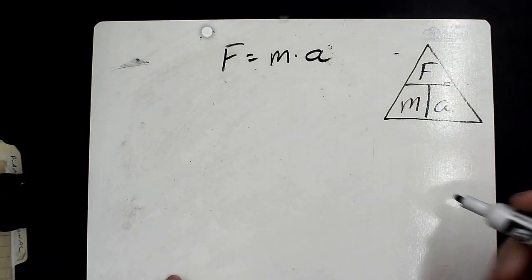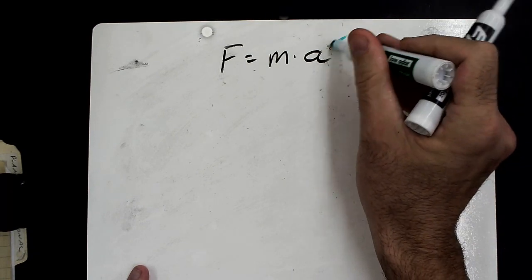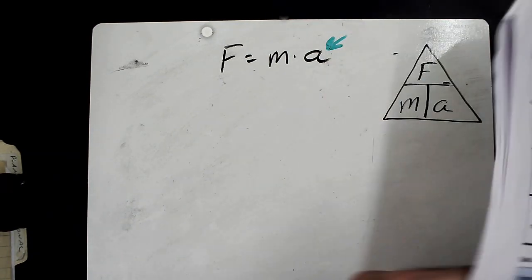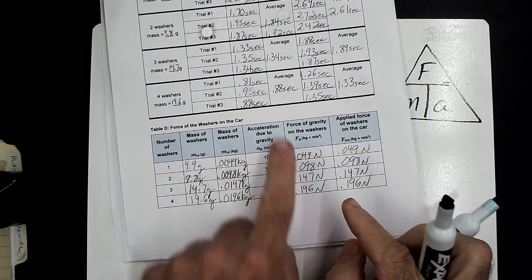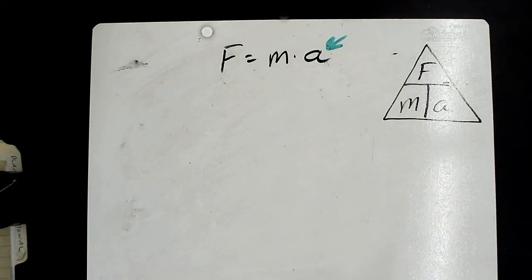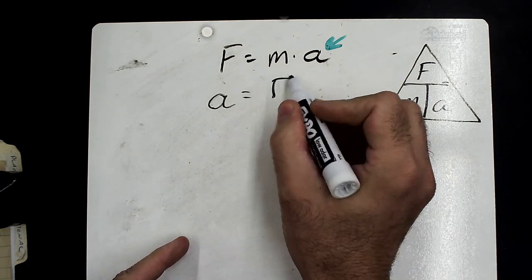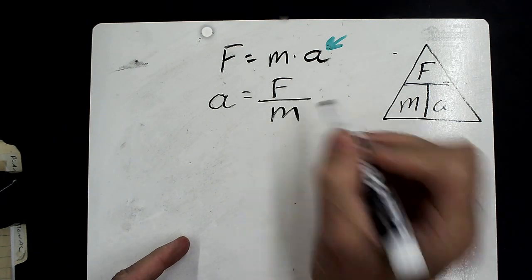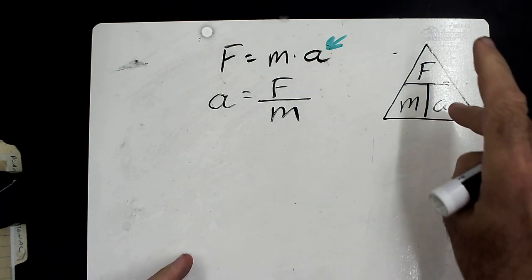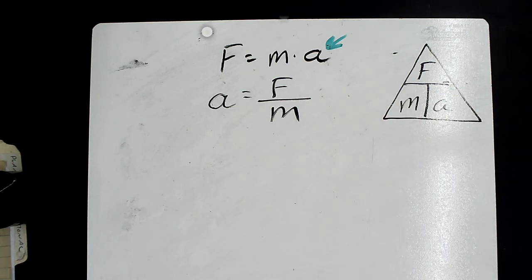So we're working with that. But we are actually going to focus on the acceleration number, because that's what I'm going over right now, this number right here. So we're going to rearrange the equation where it's acceleration equals force divided by mass.